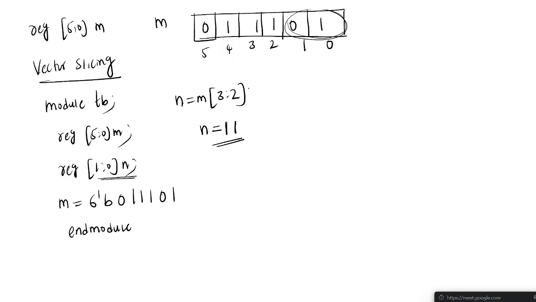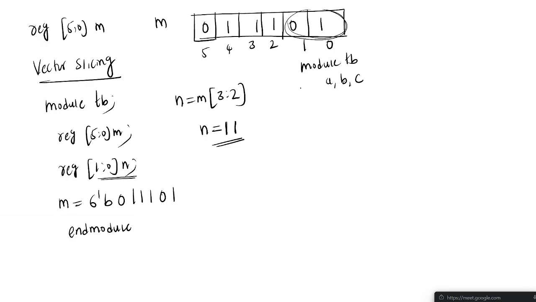And next, suppose I am declaring reg [1:0] a, b, c.